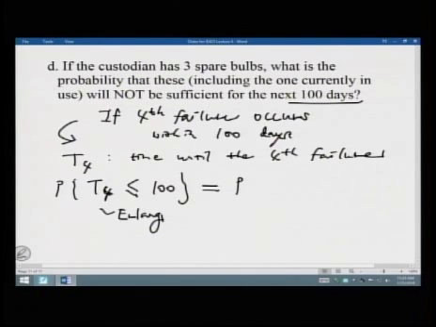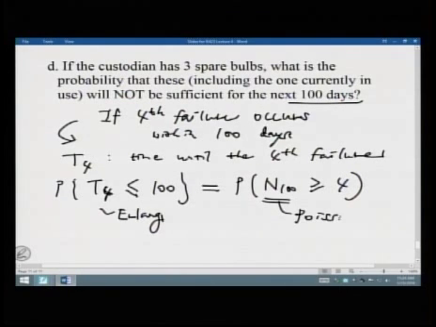So N sub 100 is greater than or equal to 4 if you use the Poisson distribution.